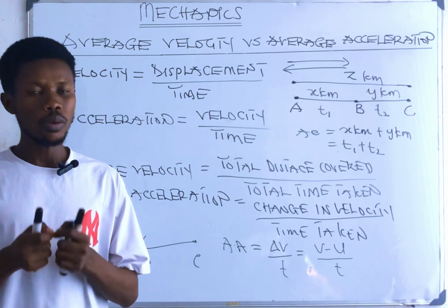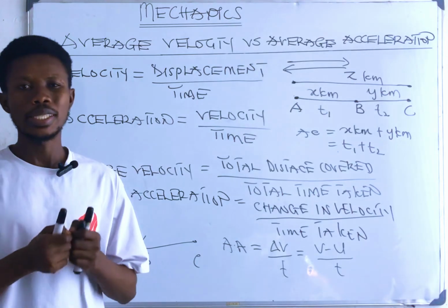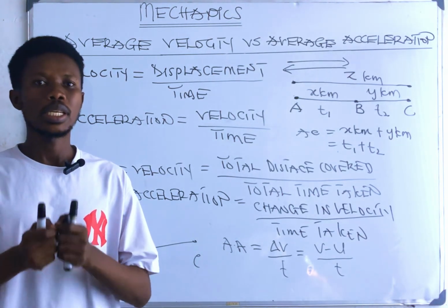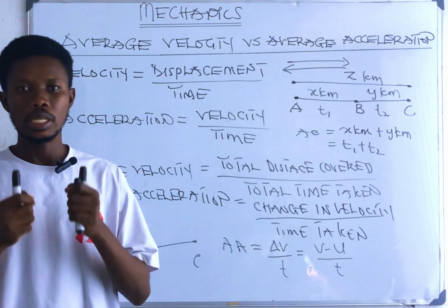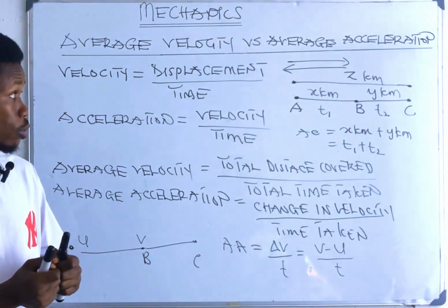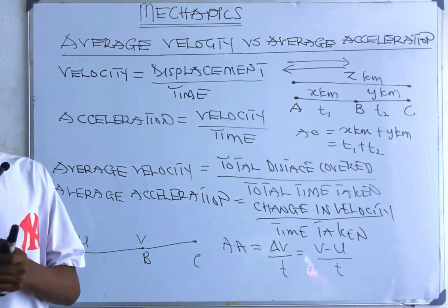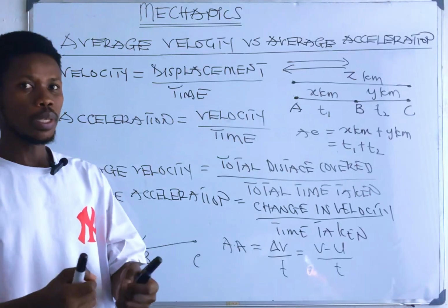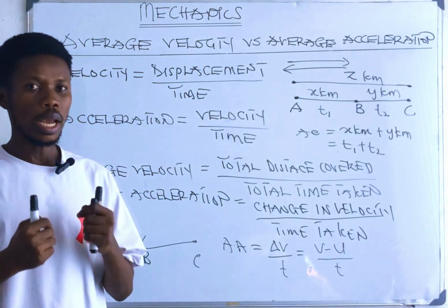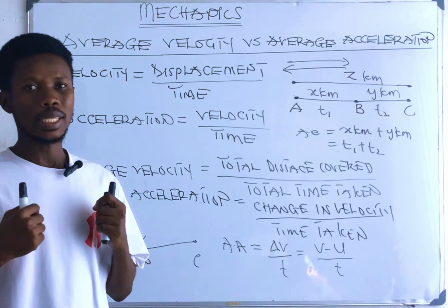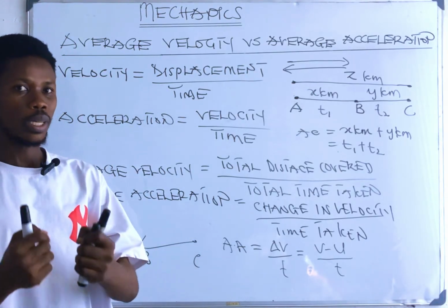But when you work out acceleration and you get negative, it means it is retarding, so that object is slowing down. When the velocity is positive, it means that the object is moving in the same direction. Is that okay? And when the acceleration is positive, it means that the object is accelerating or moving faster.